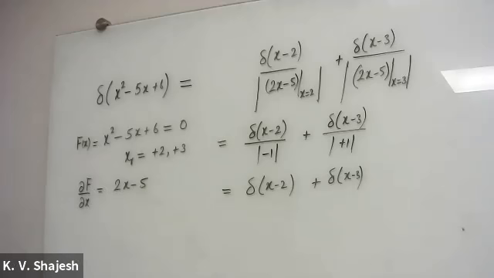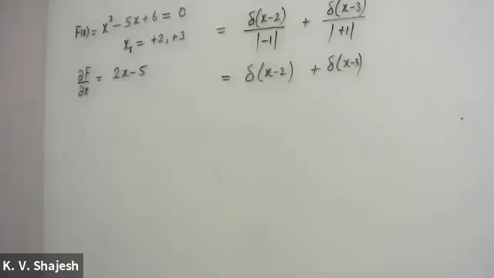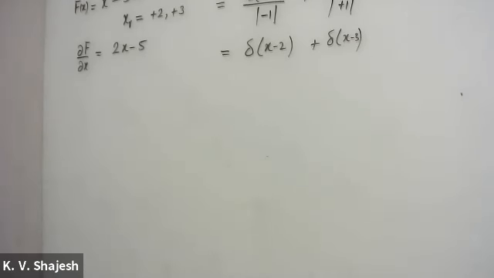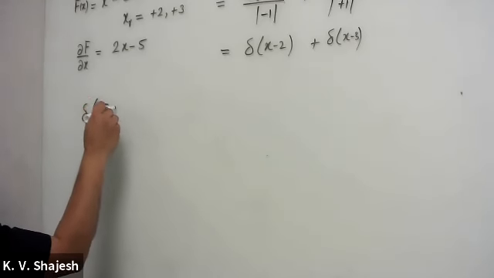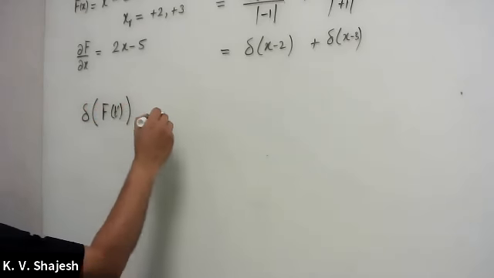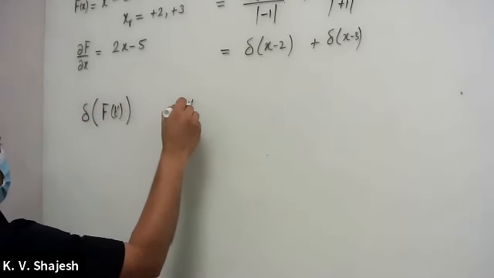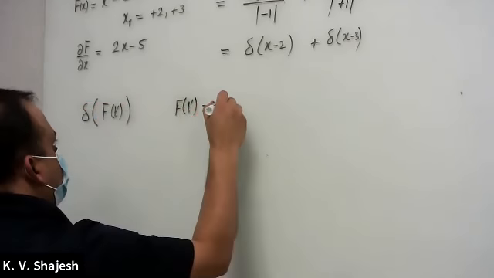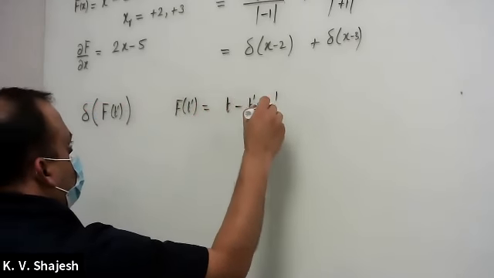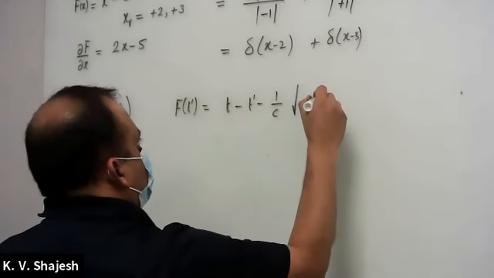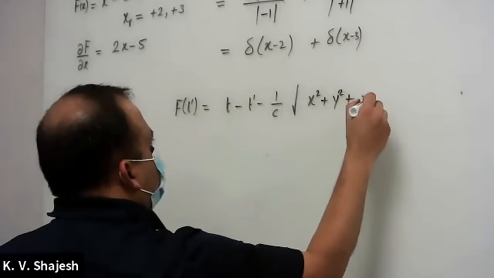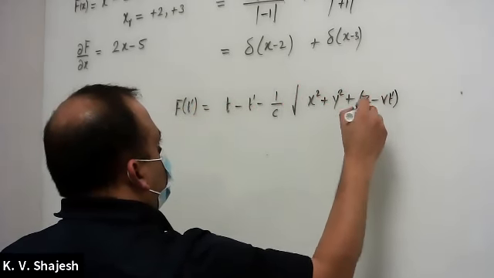Okay, so that's the simple part. But now we want to do this for an explicit expression which doesn't involve any numbers. So we would like to find out what the delta function is related to f of t prime, where f of t prime is equal to t minus t prime minus 1 over c square root of x squared plus y squared plus z minus vt prime squared.